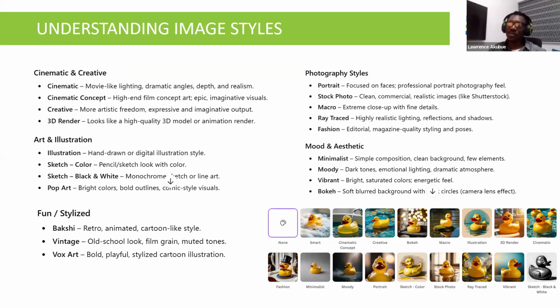So if you choose something like vintage, it will produce an image with a resolution that depicts that the picture might have been taken, or maybe the video might have been taken in 19-something. It can give you black and white and everything. Vector art, bold, playful, stylized. So this again, let me mention, is really not exhaustive, right?